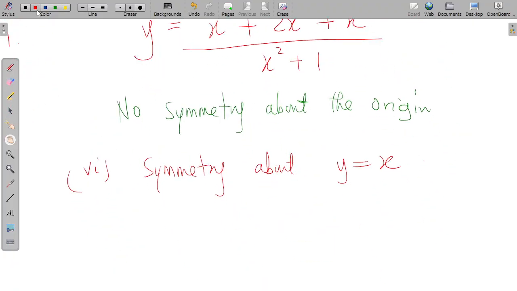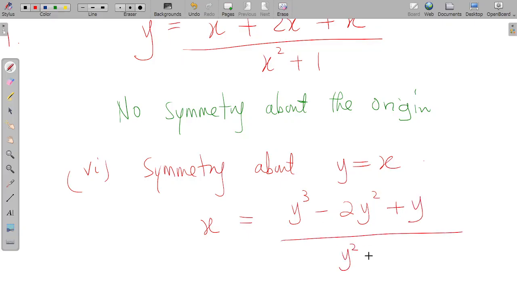So I will have, instead of y here, that will be x. Instead of x, that will be y, minus 2y squared plus y, all over y squared plus 1.